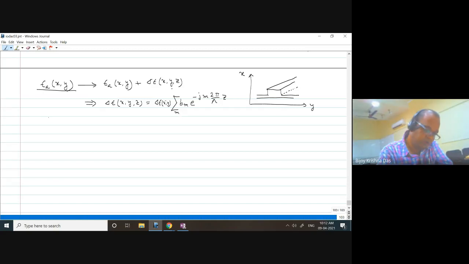the so-called evolution of the kth mode, dAk by dz, equal to minus j times beta k, propagation constant of the kth mode, by beta k, right?